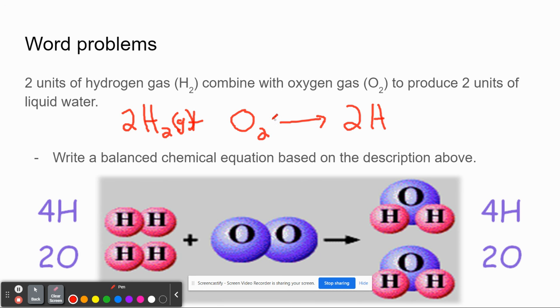It tells me it's a gas, so I have to put a G. If it tells you, put it. If it doesn't, don't worry about it. H2O is water, and it's in a liquid form. I'm going to write it like that, just so you can tell it's an L. So once again, I have 2 units of H2, which combine with O2 to produce, so I draw my arrow, 2 units of liquid water, H2O.